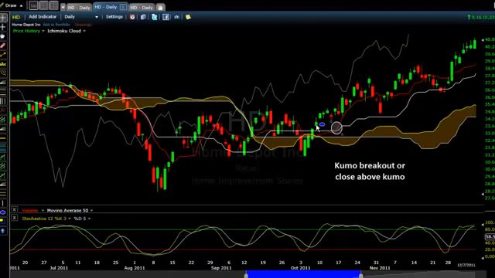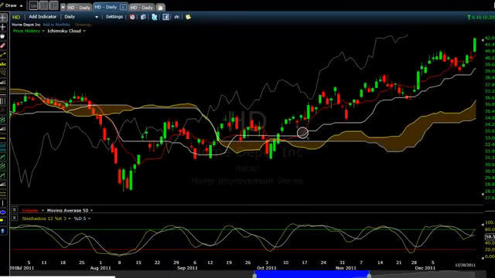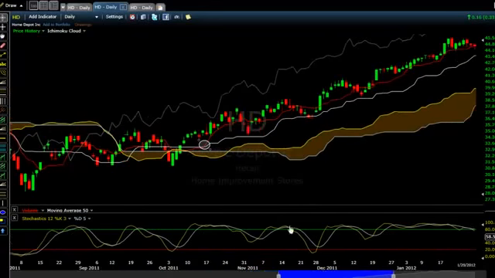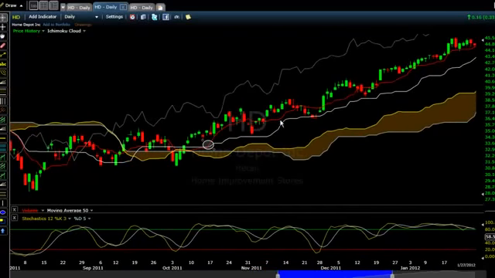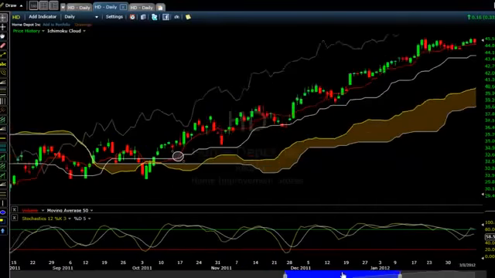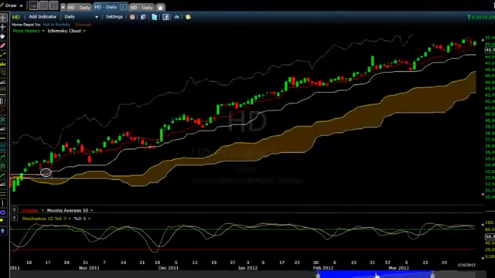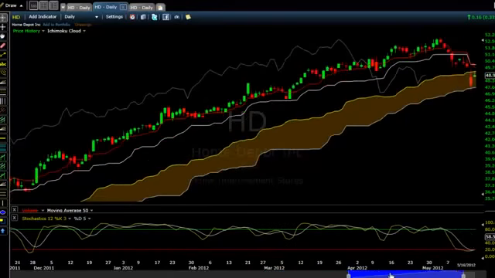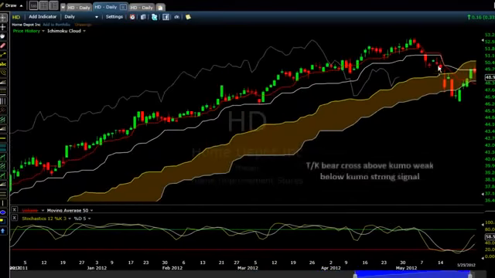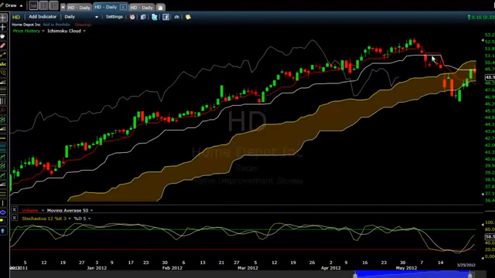We had a buy signal here. You do not have a sell signal until the red line crosses down below the white line. The Tenkan crosses the Kijun, or TK cross to the downside. You don't have that occur until here in May, several months later. Okay, so that's the significance of the TK cross.